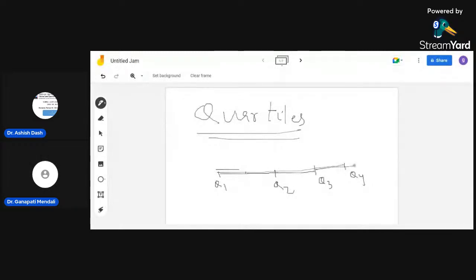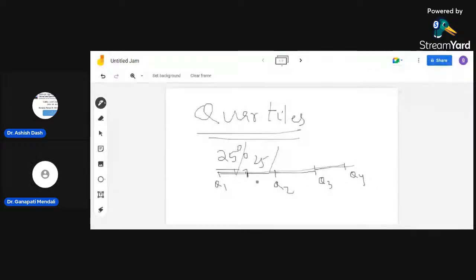Four equal parts. The first quarter is Q1, the first quartile, or we can say 25% of the data. The second quarter is again 25% of the data.